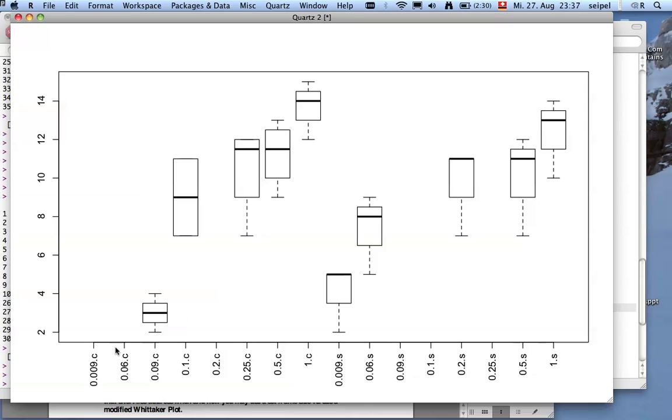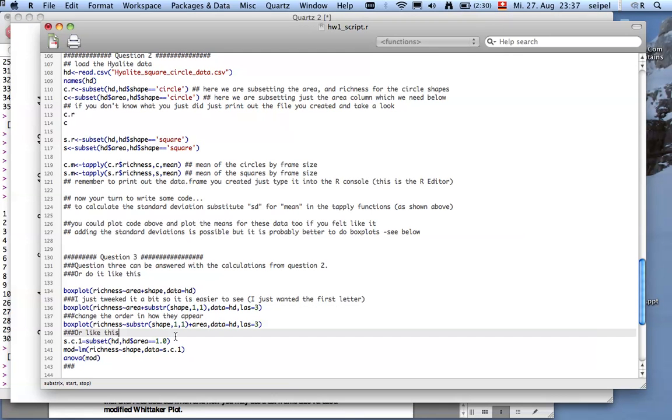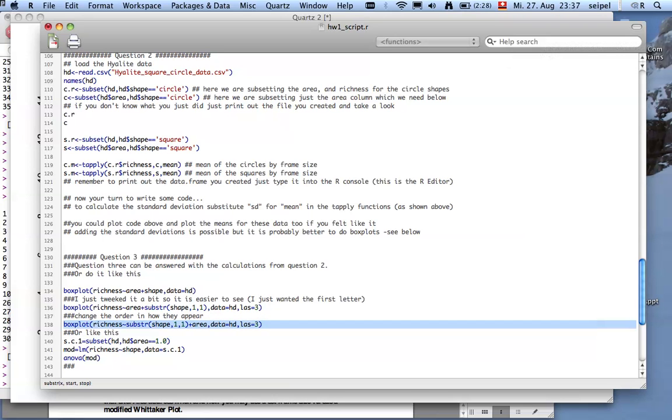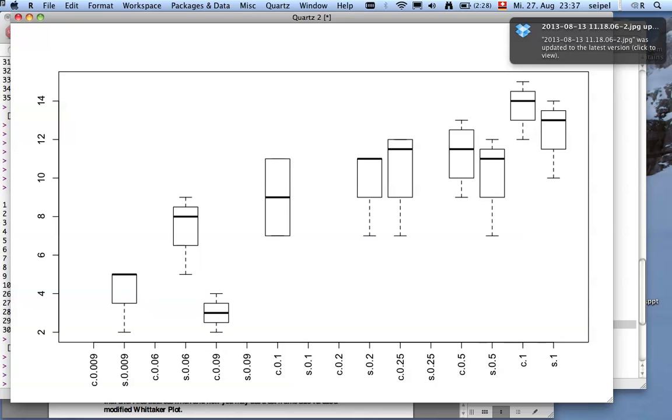So this time I shortened the names down here to just C and S, and then here I tweaked it again by putting the shape in front of area, so that it'll look for shape first, then area. So now, to answer your question, just look over at the far right in this area. You can see circles at 1 meter and squares at 1 meter next to each other.